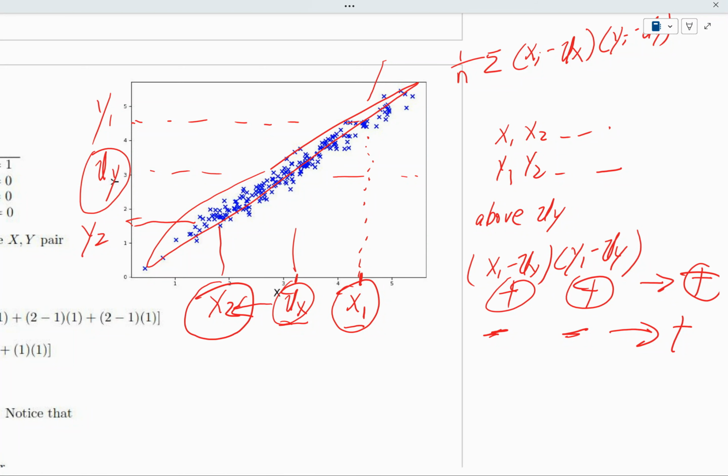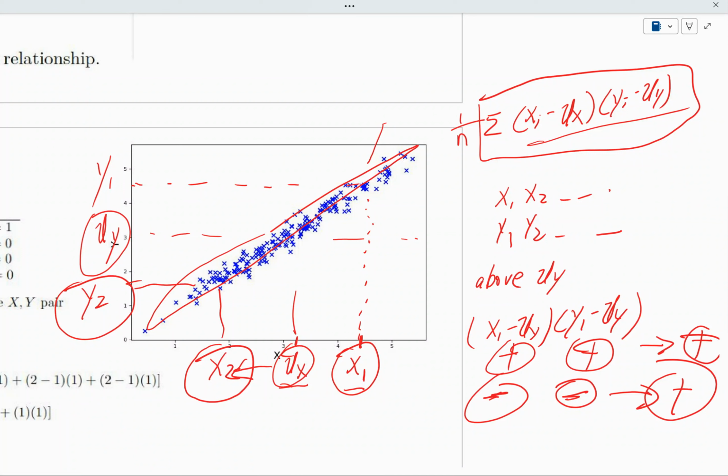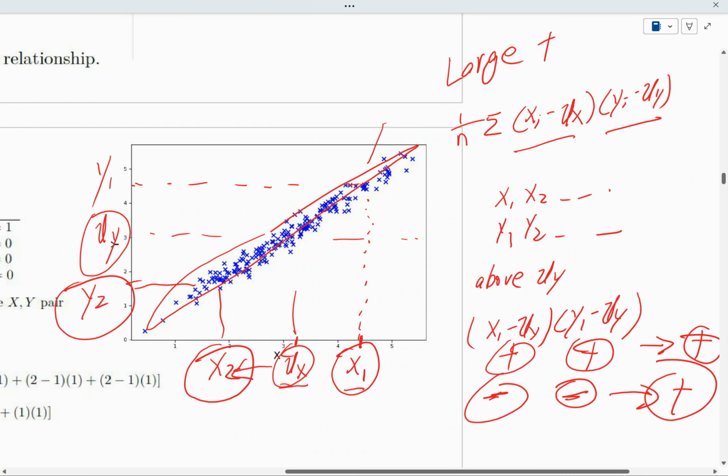If it's below average, y is likely below average too, also giving a positive. So in the end, when you multiply them together for a bunch of samples and sum them up, if they are largely positive, this is going to be a large positive value, right? So this is why you can intuitively see how we get a large positive value when you multiply the average from x times the average from y, okay?